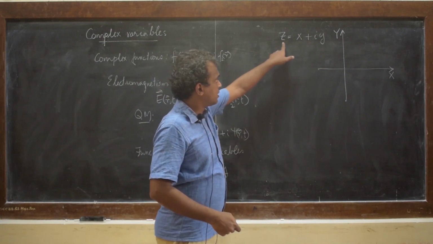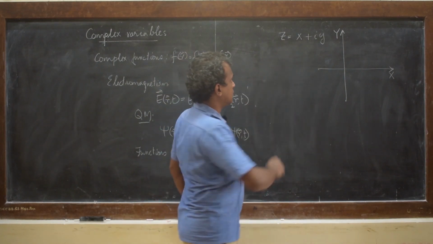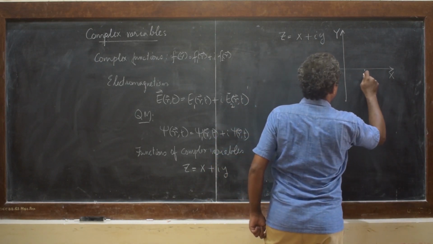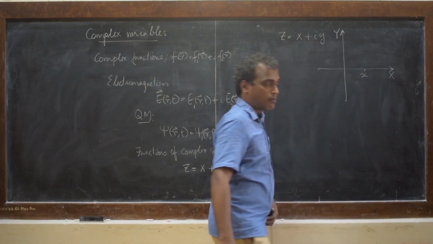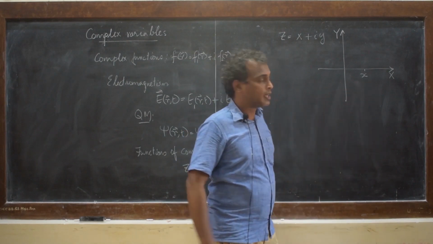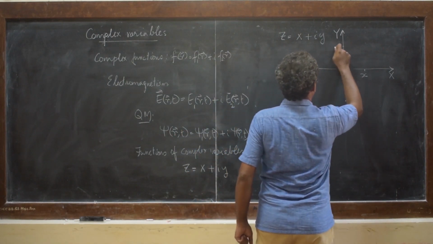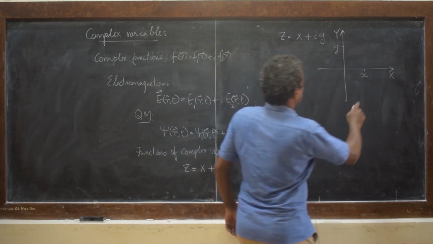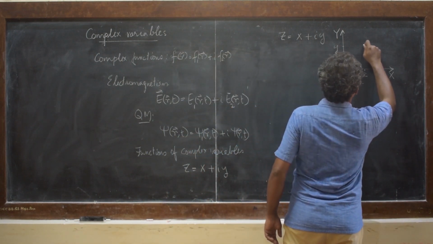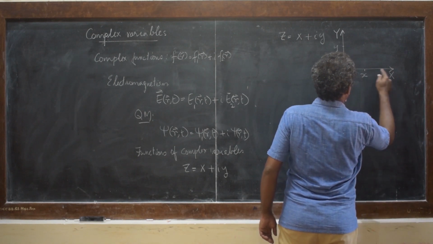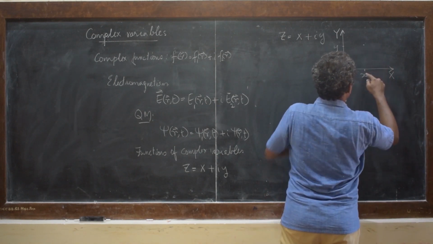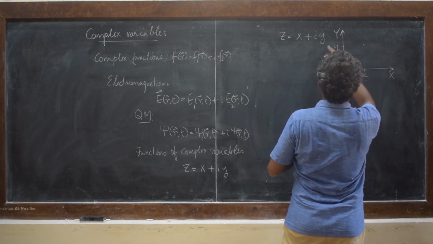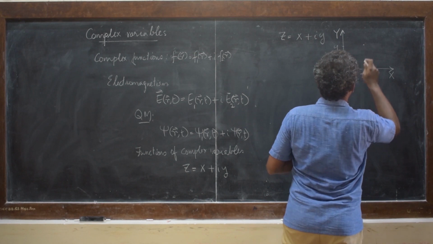So, for instance, if I am looking at a point with its real part given by x and an imaginary part given by y as given here, then I am referring to that point with its value on the x axis being x and its value along the y axis being y.